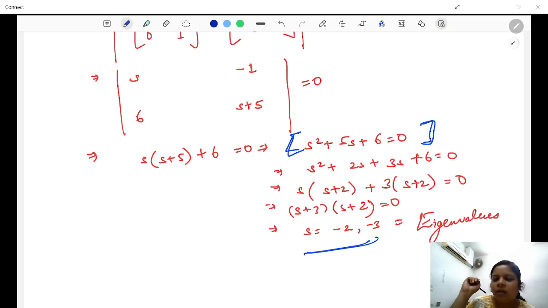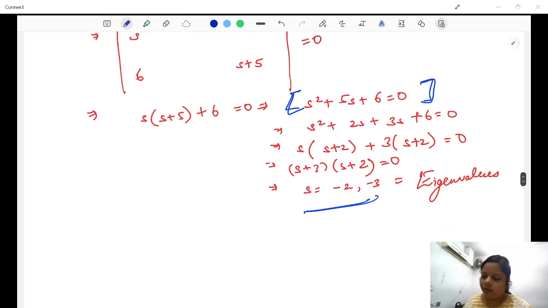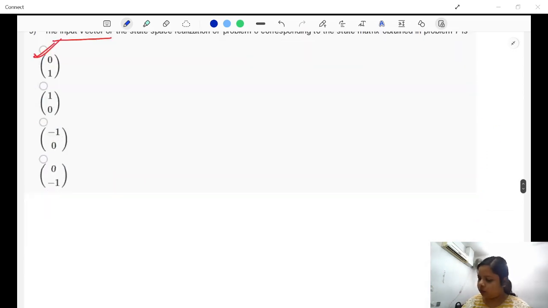You'll not get some other thing, you'll have the same answer. I think we have a question later on in which we want to find the transfer function corresponding to the same state space equation that you have derived. So we'll see that. But I hope this is clear. We'll move to the next question.